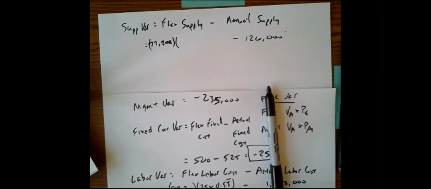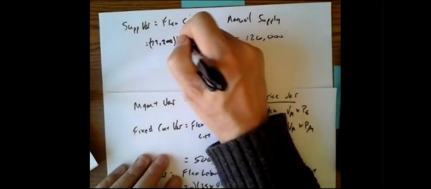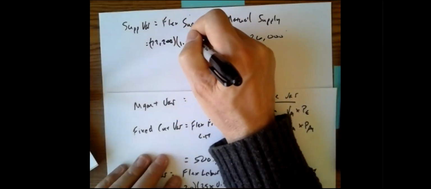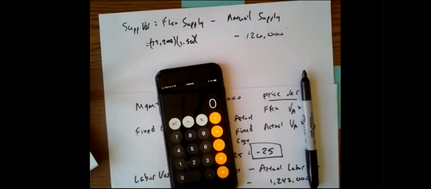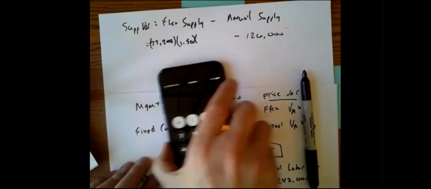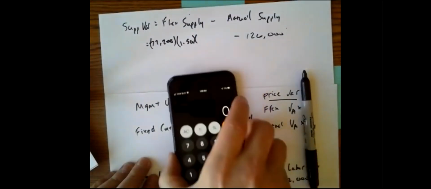so we thought that we would be spending, if you go back to page 266, $1.50 per unit. And then we would multiply that by the number of units of supplies that we would be using.